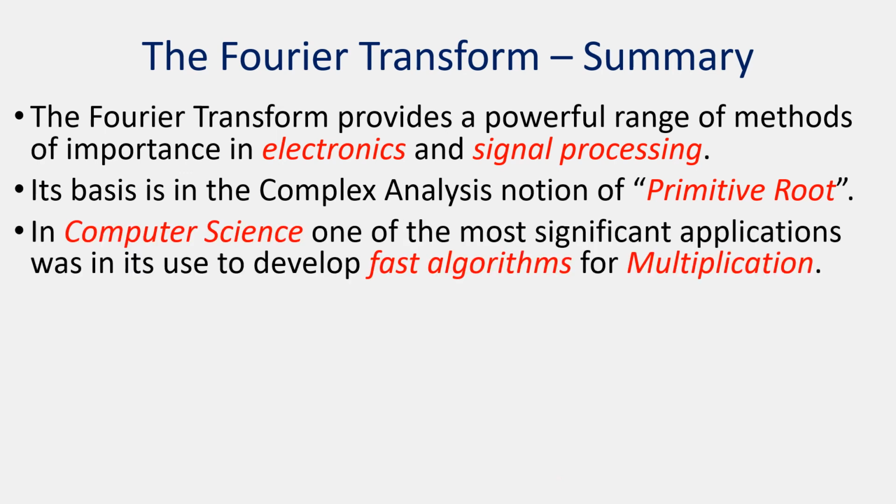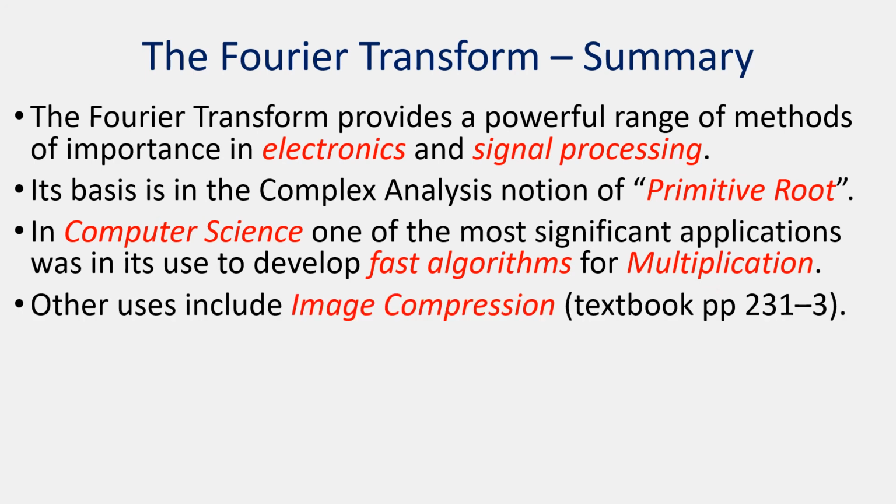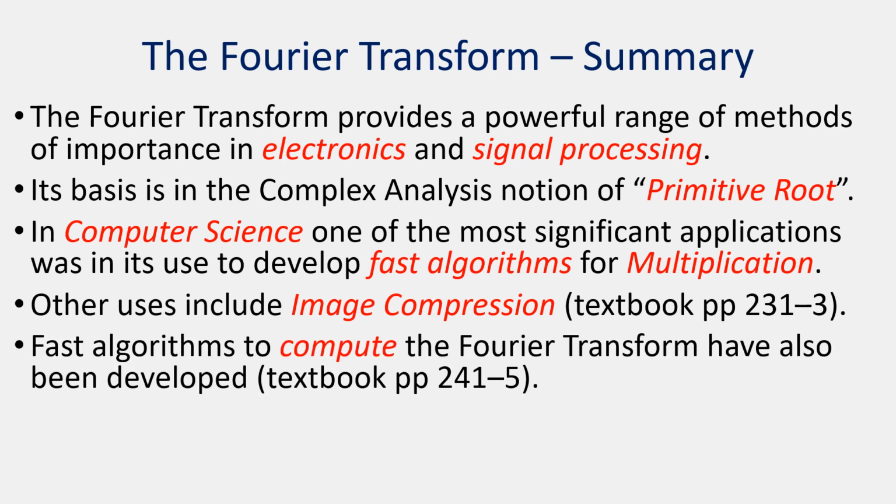In computer science, one of the most important applications is in fast algorithms for carrying out multiplication. There are other uses, one of which is in image compression, that's described in the textbook. We also have, again described in the textbook, a number of fast algorithms to compute the Fourier transform itself.